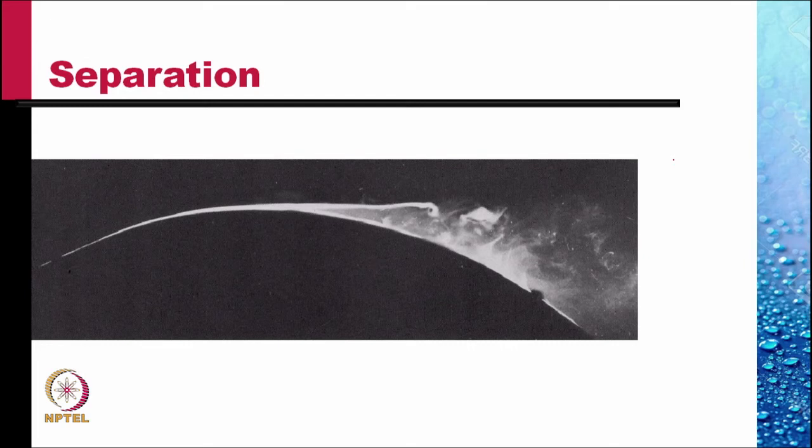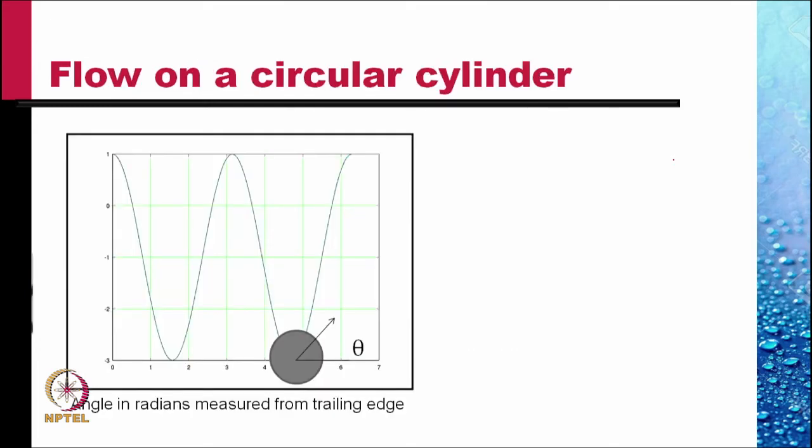We have seen earlier that in inviscid flow, the pressure distribution is given by this curve. The pressure coefficient is 1 at the nose.